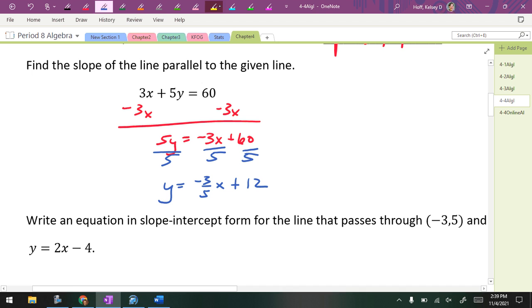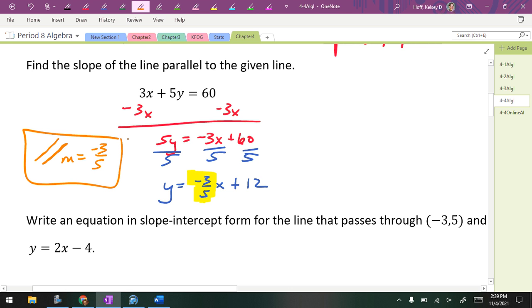What is my current slope? Negative 3/5. The parallel slope would be negative 3/5. So if you want to find the parallel slope, you have to find the initial slope.